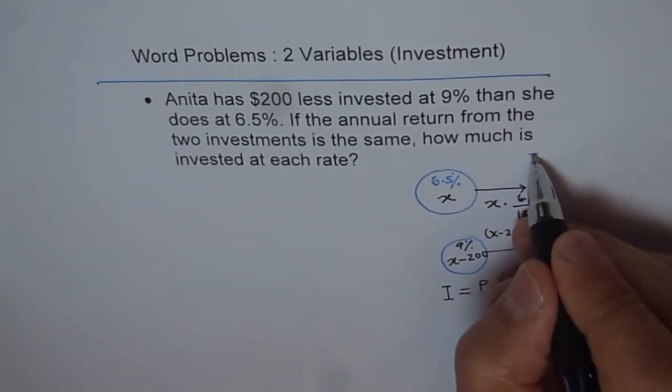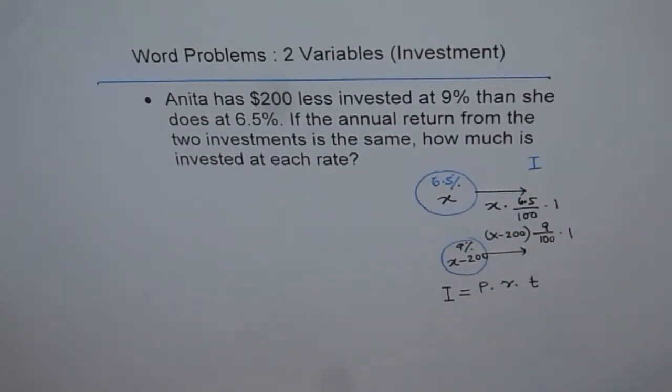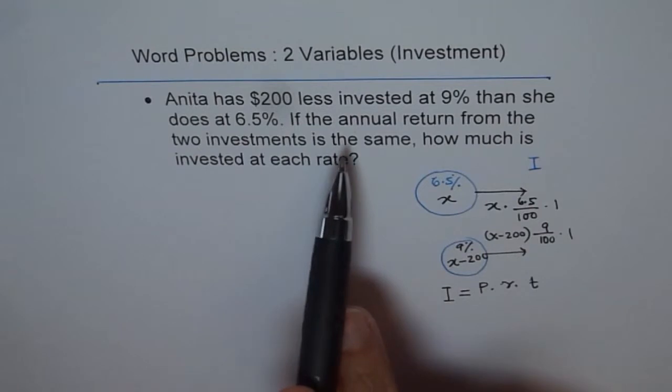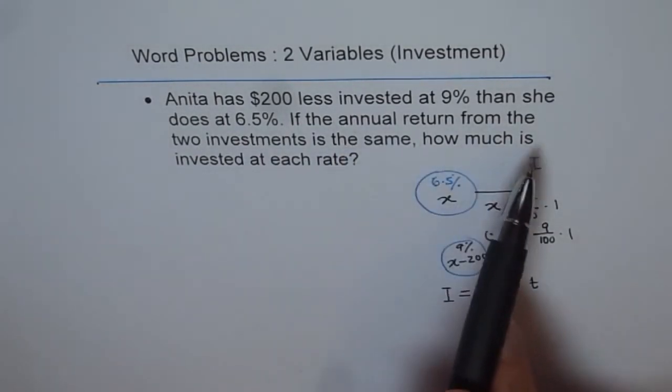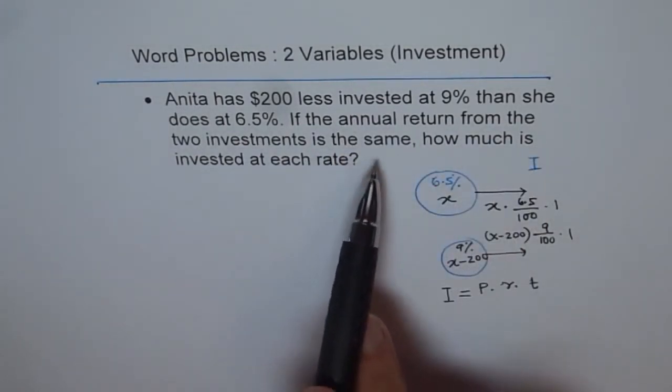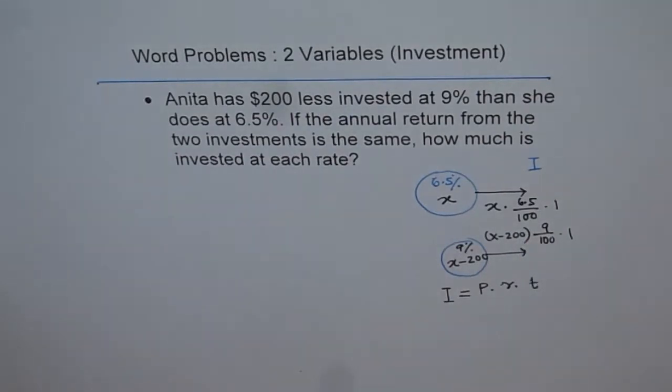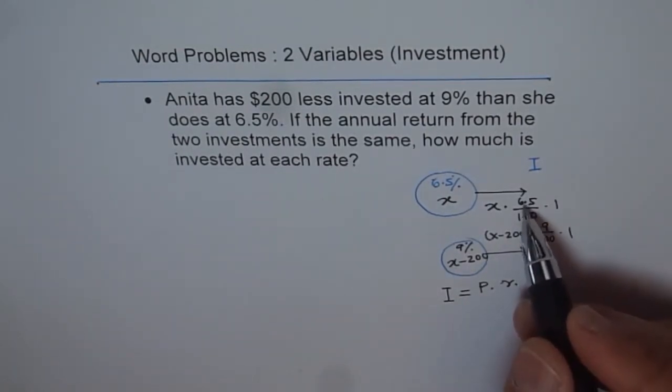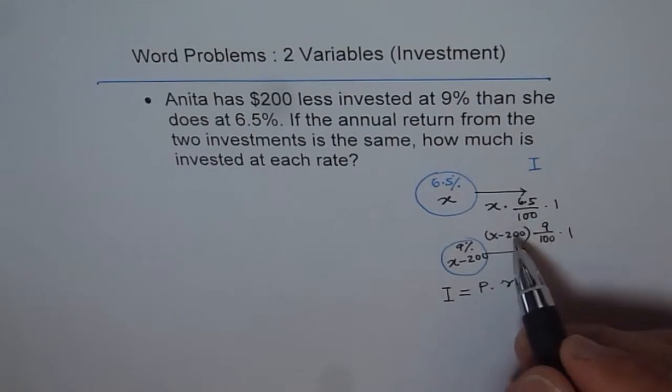Now it says the annual return from the two investments is the same, that means these two things are the same. So we get our equation by equating these two things.